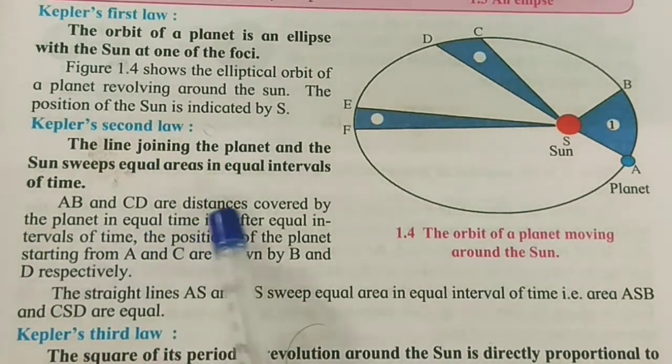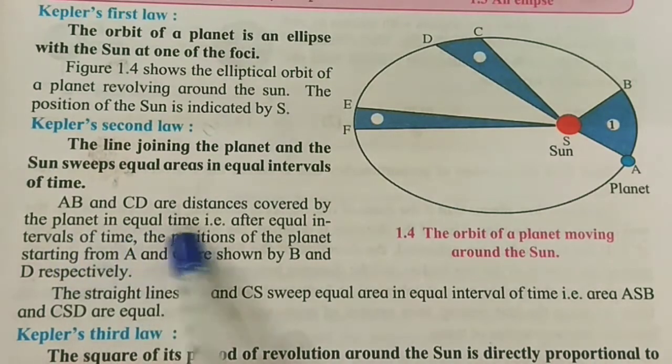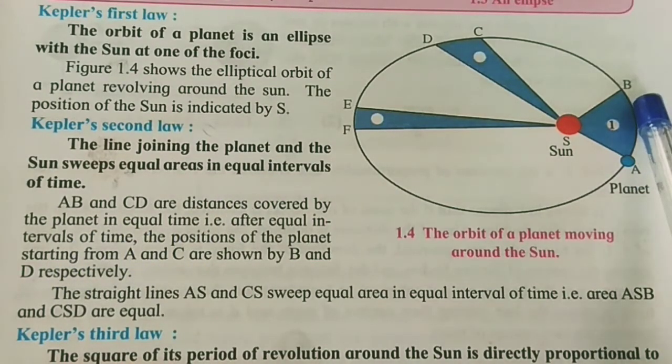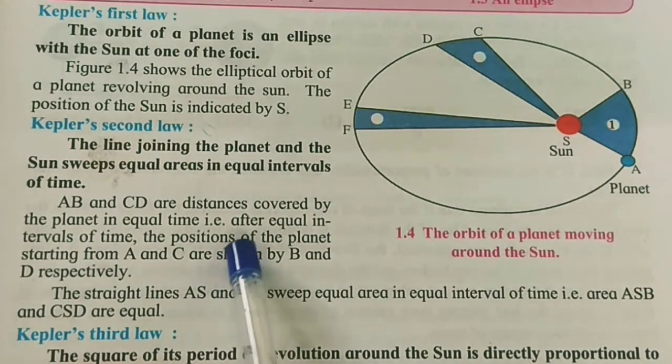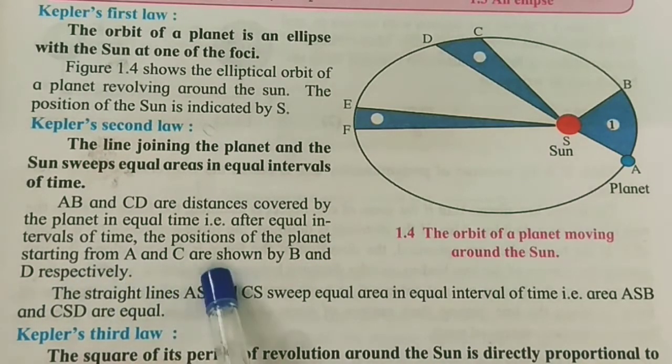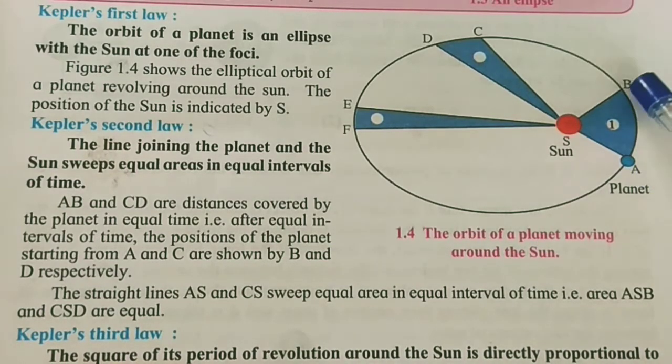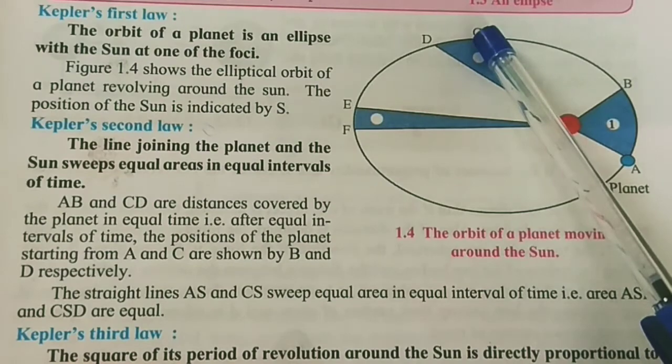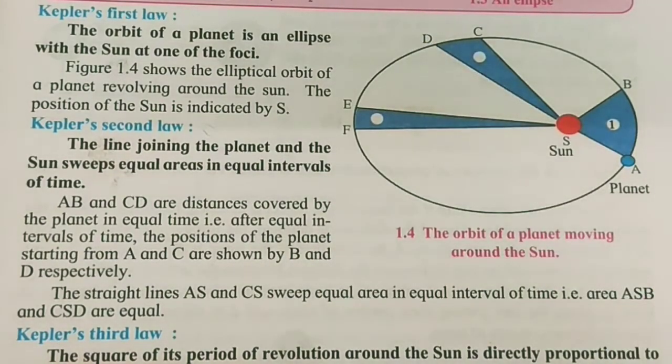This is Kepler's second law. AB and CD are the distances covered by the planet in equal time. After equal intervals of time, the positions of the planet starting from A and C are shown by B and D respectively. Starting point is A, end point is B, starting point is C, and end point is D in the same timing.